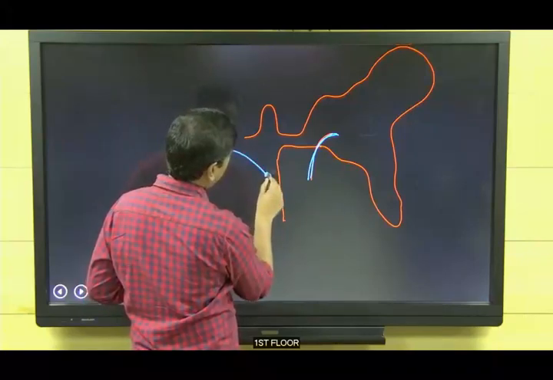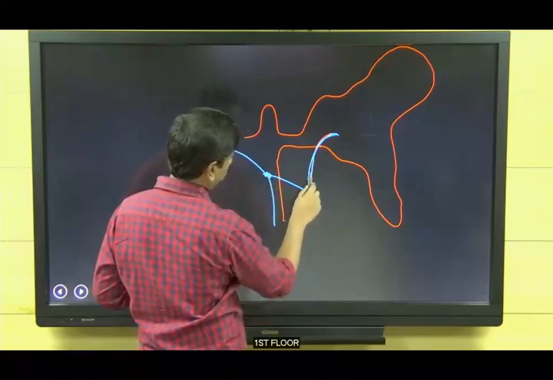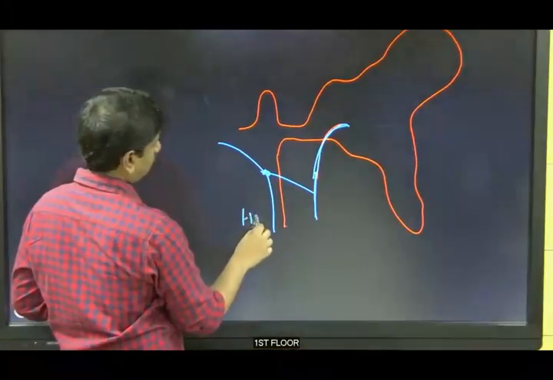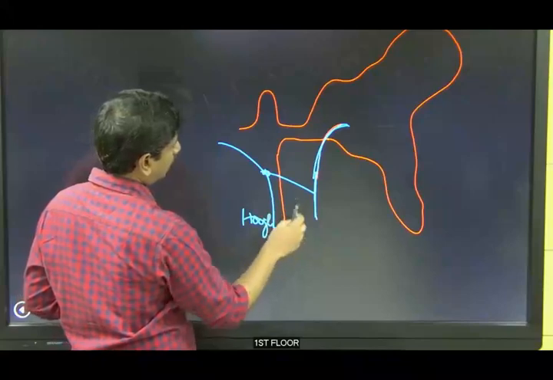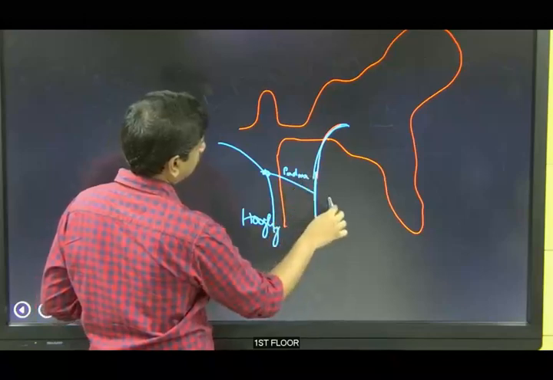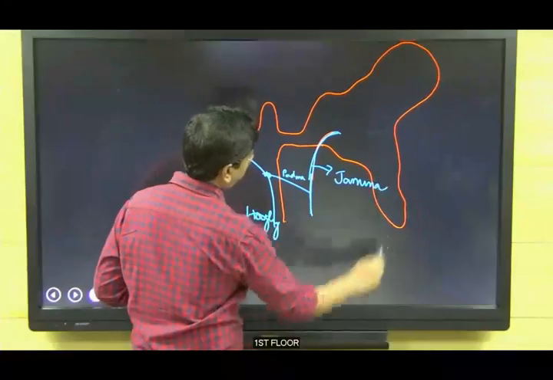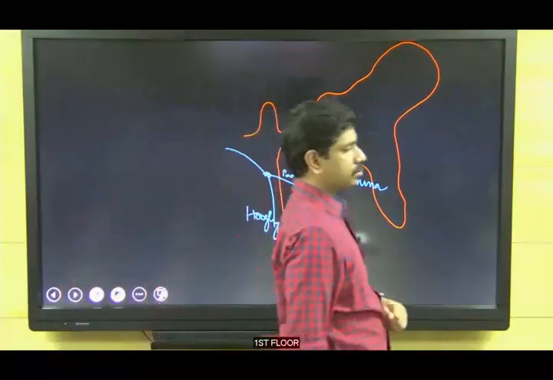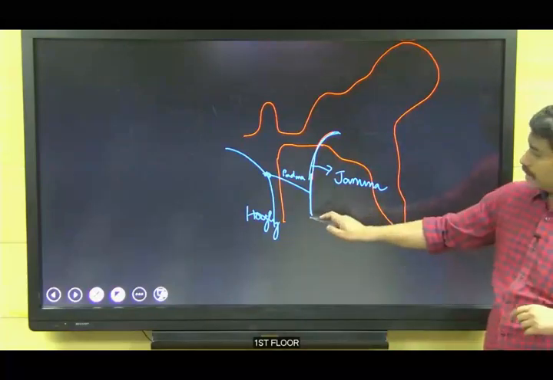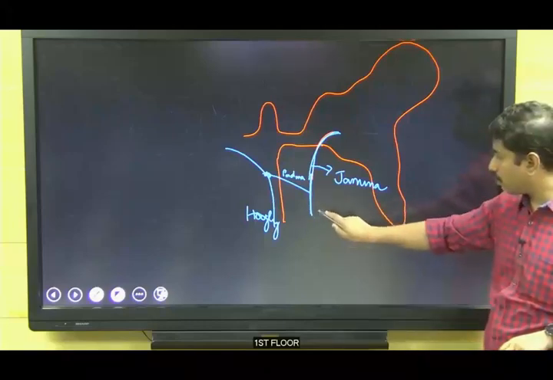Ganga, after Farakka barrage, divides into two, one is Hooghly, another one is Padma. Hooghly, this is Padma. This river is Jamuna. Jamuna is a name for Brahmaputra in Bangladesh. And then after Jamuna falls into Padma, this is known as Padma only.